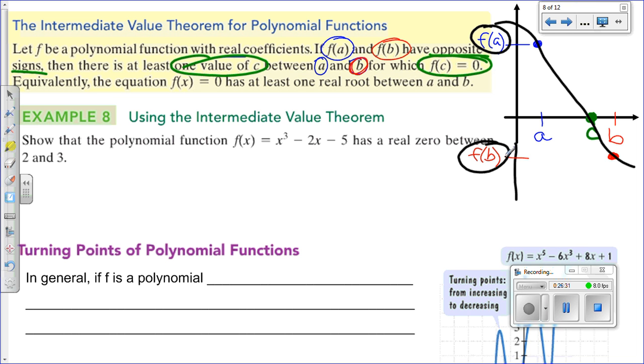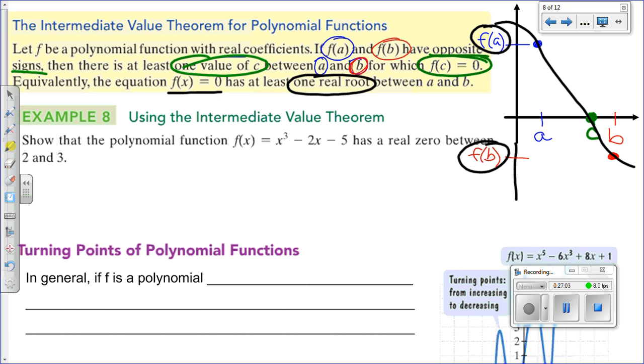Okay, and now equivalently, the equation f of x equals 0 has at least one real root. How do we know it's a real root and not an imaginary root? Imaginary, very good. Imaginary roots don't even touch or cross the x-axis. So if it is a real root, it is an x-intercept. Okay? All right.